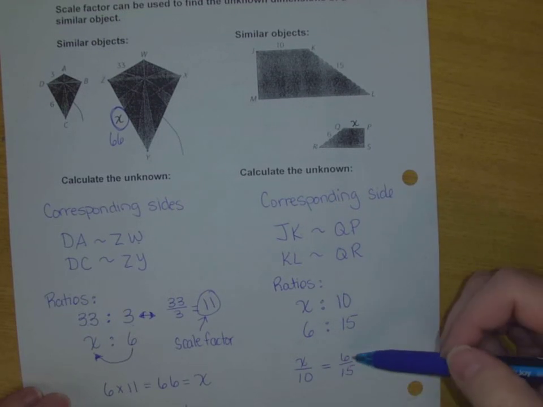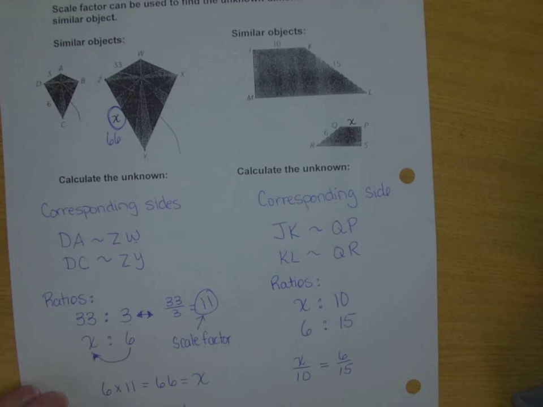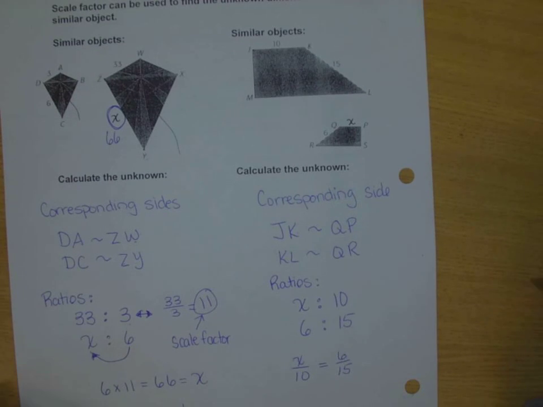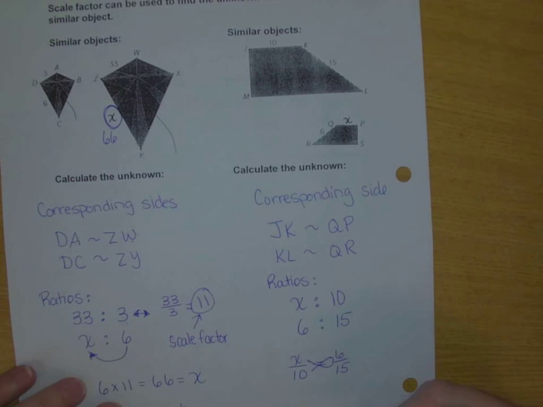They need to have the same scale factor, so the fractions need to equal the same amount. Here we're going to do our fishy, if you have heard of the fishy before. It is essentially cross multiplying.